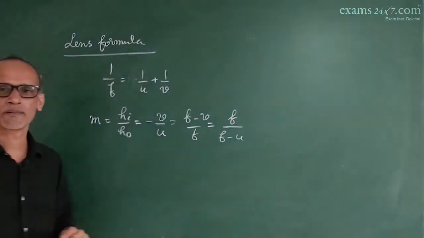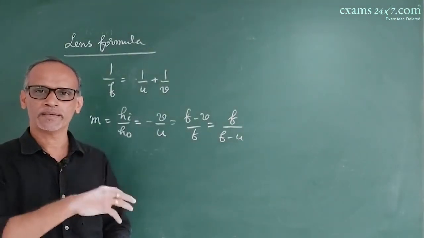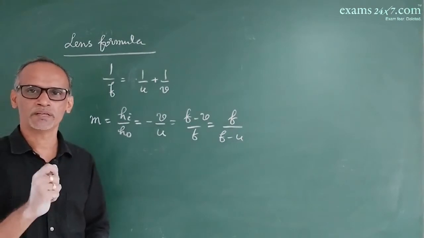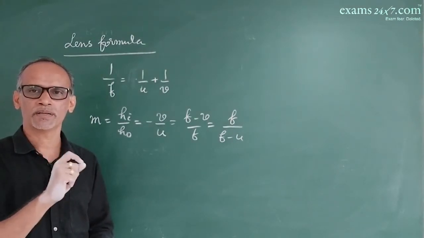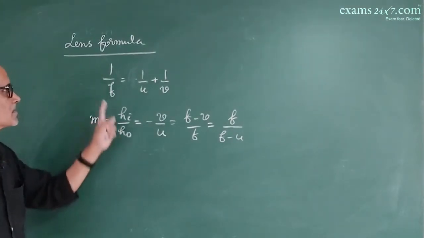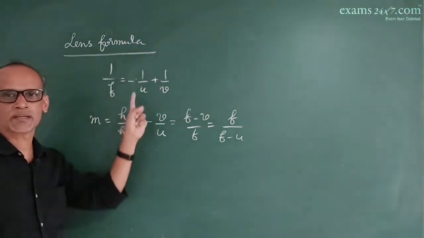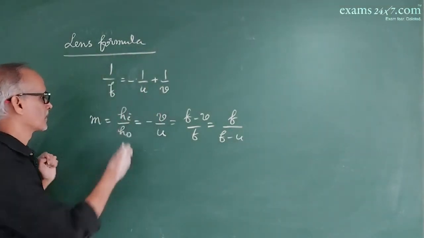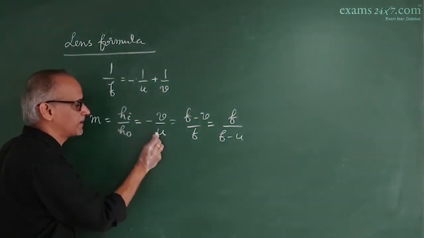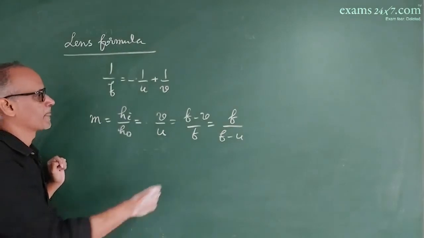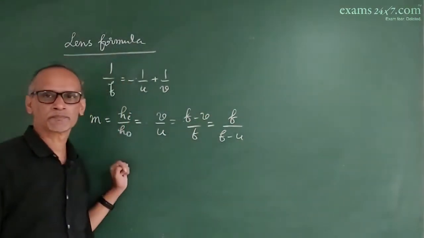Now, to write the equation for lenses, what you need to do is, wherever there is u, apply the minus sign for it. So this is the mirror formula. Wherever there is a term u, if you apply the minus, then it becomes a lens formula. hi by ho, apply minus. Already there is a minus, so it becomes a plus. Then f minus v by f.